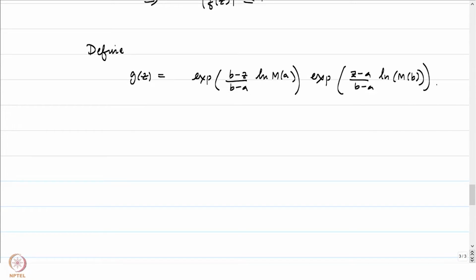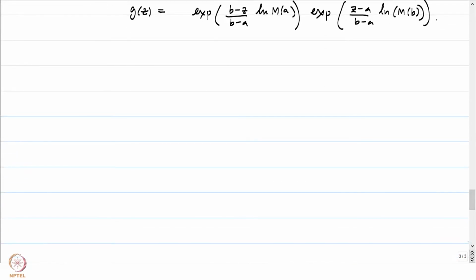B minus z by b minus a is entire. Notice that the thing inside the green actually is a real number. So log m of a divided by b minus a is a real number, and a real number times b minus z is an entire function, and the exponential of an entire function is again an entire function. So this thing which I just underlined in green is an entire function. This is also an entire function, and therefore g of z is an entire function. That's the first observation we would like to make.